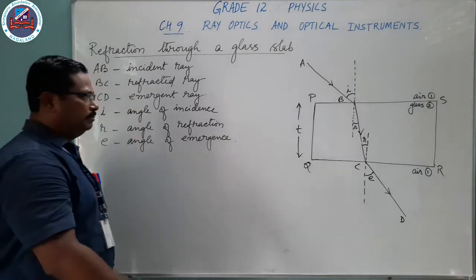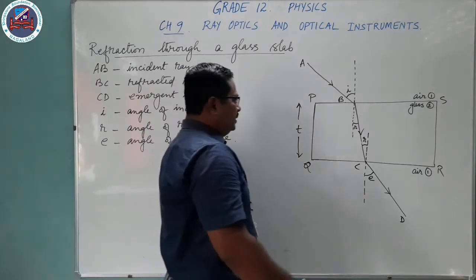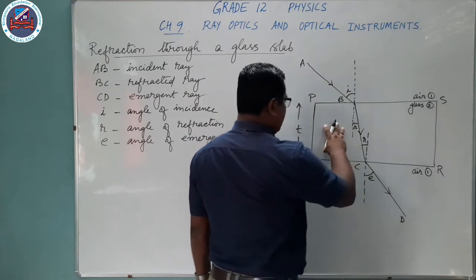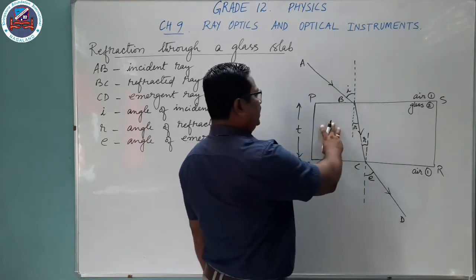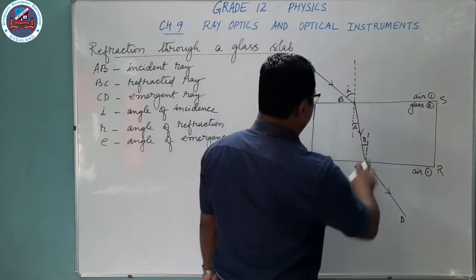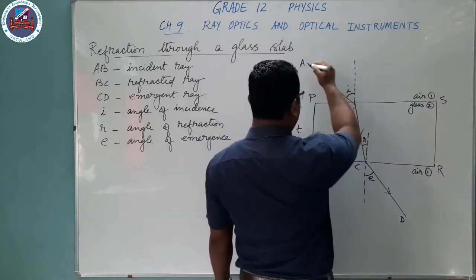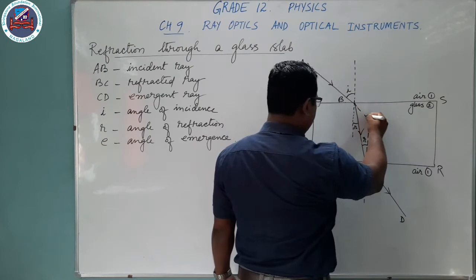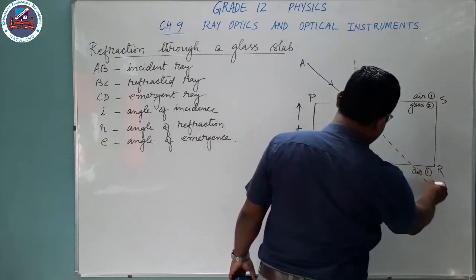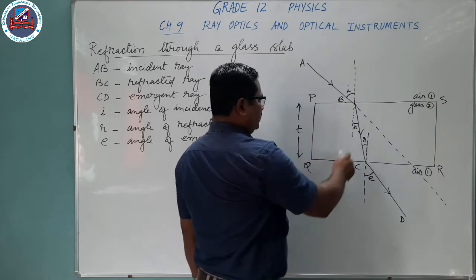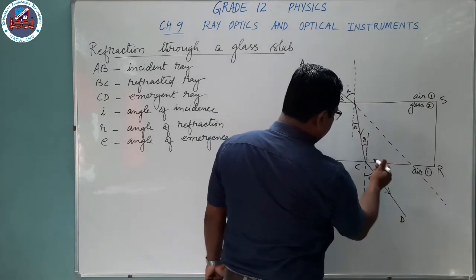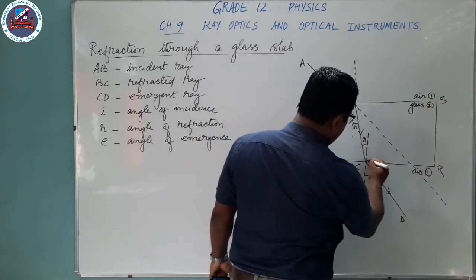So what we learned from here is, because of placing the glass slab, by how much the light has deviated. Suppose this glass slab is not there, then this incident light would have traveled straight this way. But by placing the glass slab, the light is deviated, and you can measure how much here.